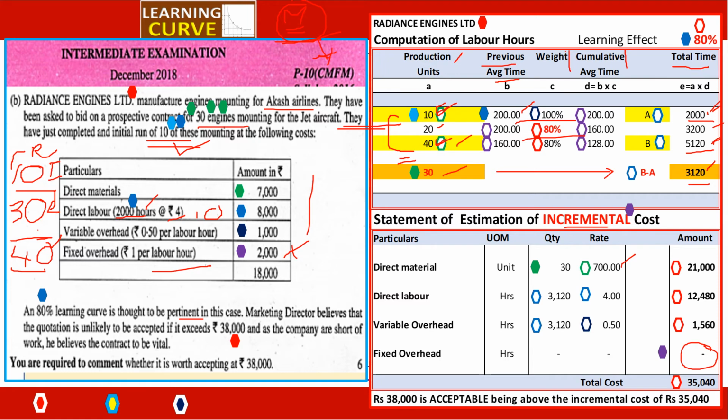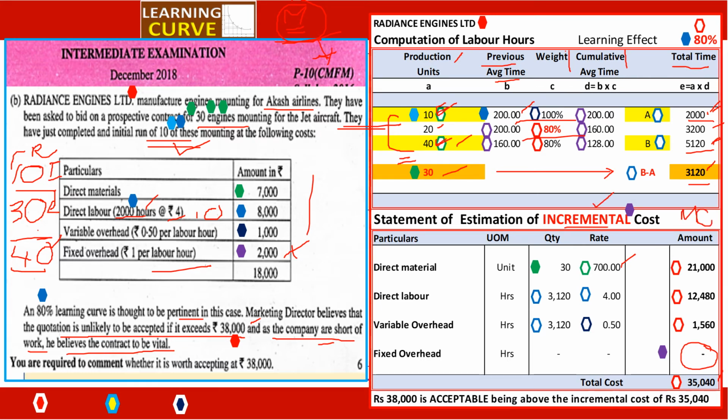Now, what the question asks, at 80% learning curve, it is thought to be pertinent in this case. The marketing director believes that the quotation is unlikely to be accepted if it exceeds 38,000. My cost is 35,040 and I am not going to cross 38,000. And as the company is short of work, he believes the contract to be vital. Since we have got idle capacity, we are using the incremental or marginal cost approach.